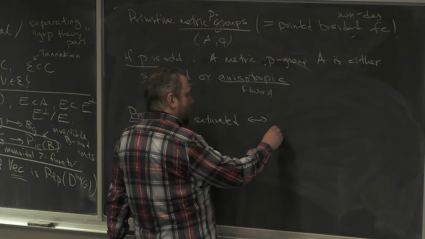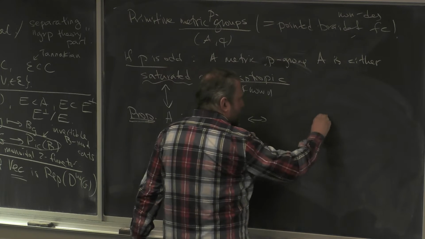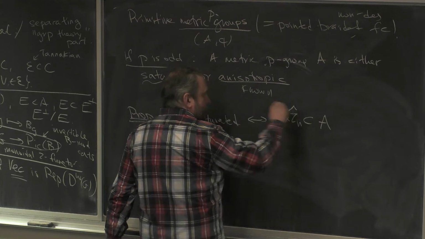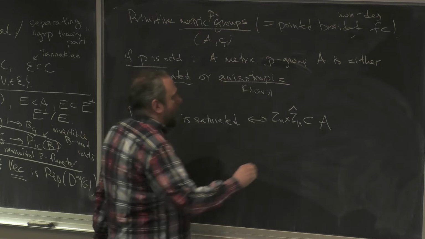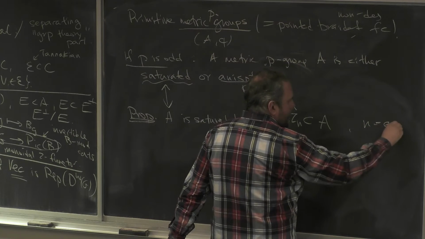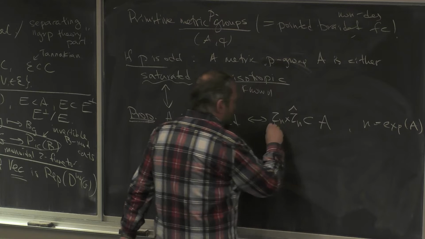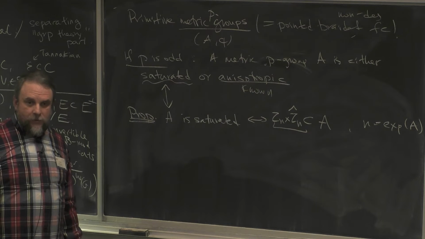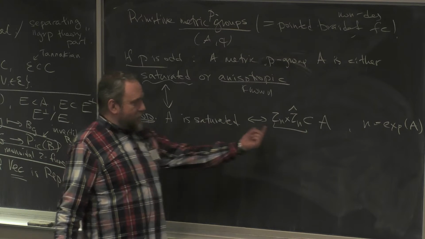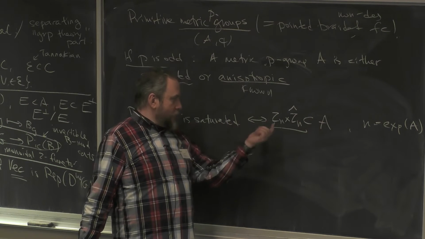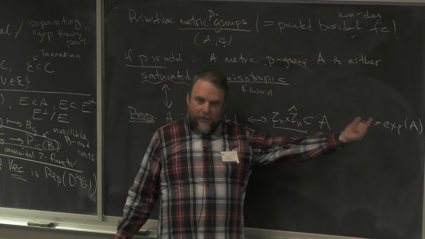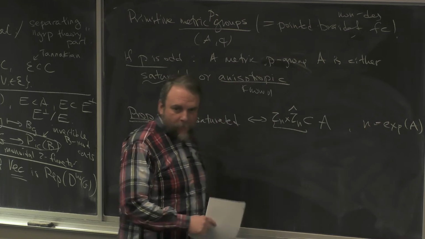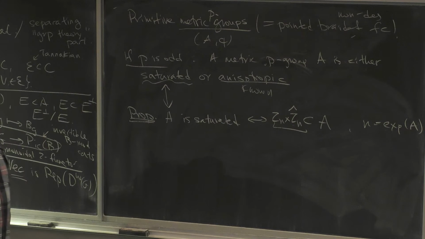So A contains Z_n cross Z_n hat, where n is the exponent of A. And this is a metric group with the usual quadratic form. Makes sense? So there should be more than one summand for sure, right? And furthermore, the summands of the highest order, the two of them should form this hyperbolic pair.